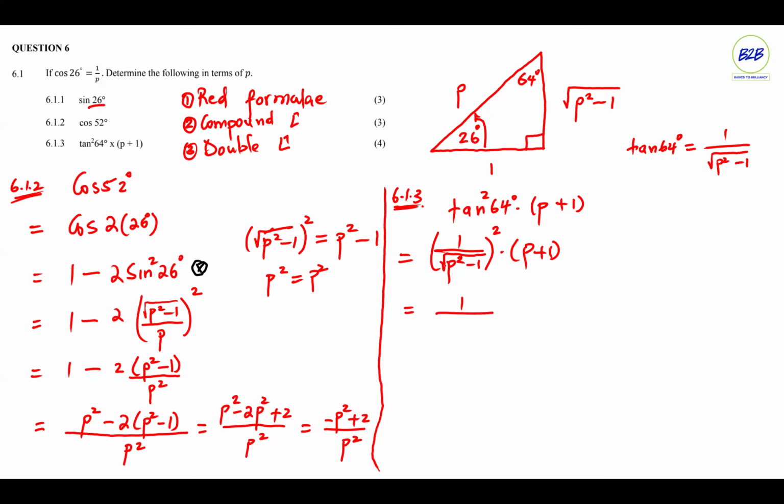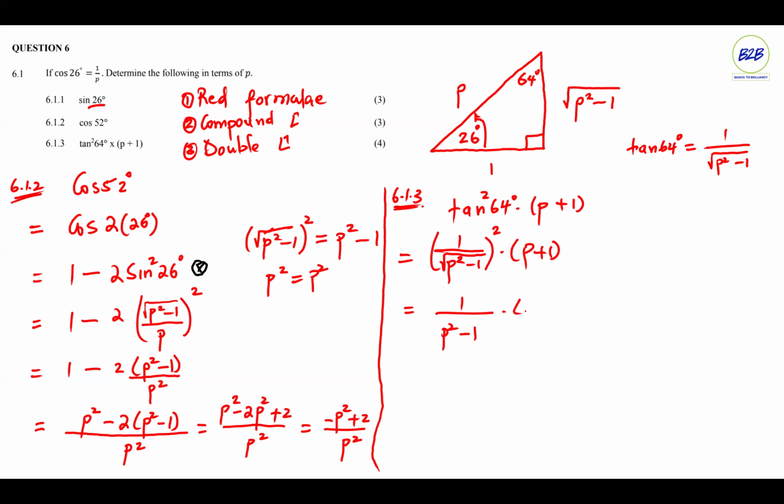And then we say the denominator, which is the square root of p squared minus 1. We square all of that as we have seen in the previous exercise 6.1.2. That will therefore become p squared minus 1. So we have just removed the brackets now.